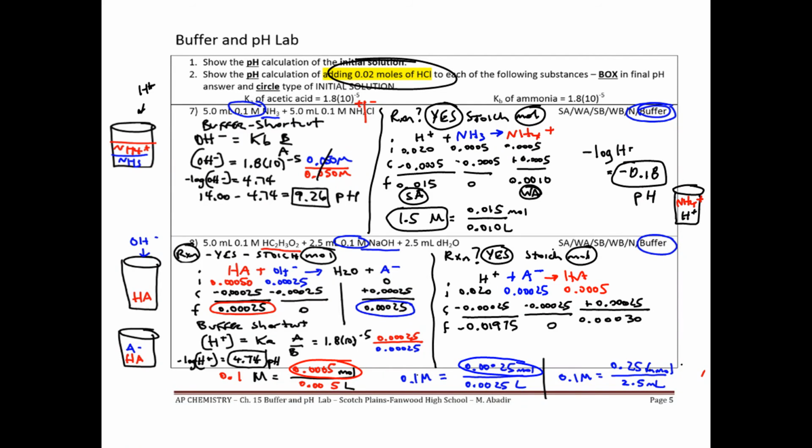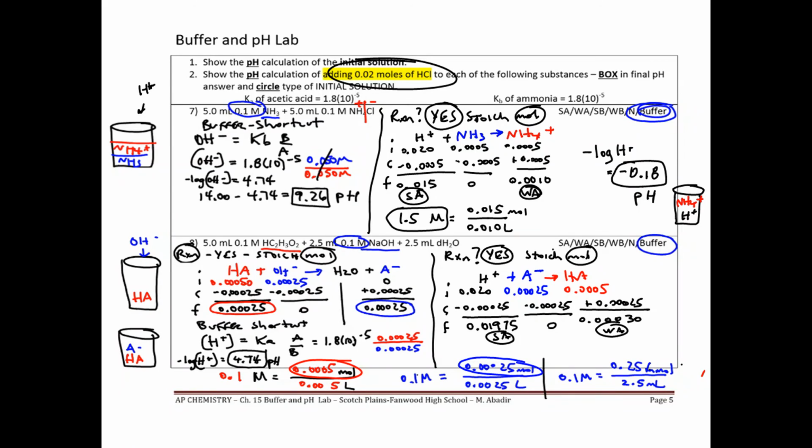So what are we left with? A strong acid and a weak acid. And when that happens, you only care about the strong. Oh, this is not a negative, by the way. This is just a regular 0.01975.